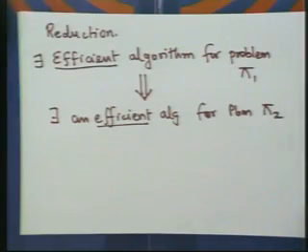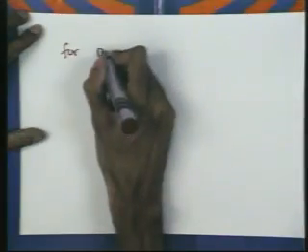We said that if there is an efficient algorithm for problem pi 1, there is an efficient algorithm for problem pi 2. Let's again look at the matching example that we did. We said let's assume there is an efficient algorithm for perfect matching.